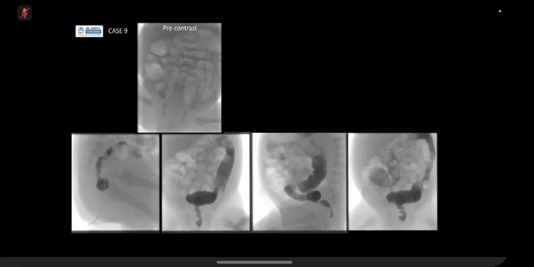I don't think it's opacifying the ascending colon, and I don't see any contrast within the small bowel. I'm wondering if this might be a colonic atresia.